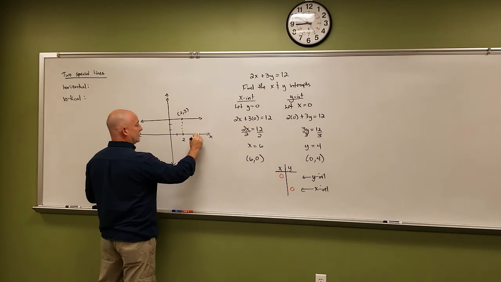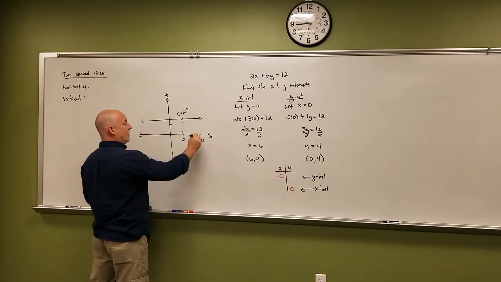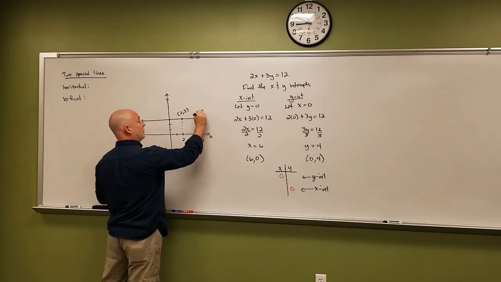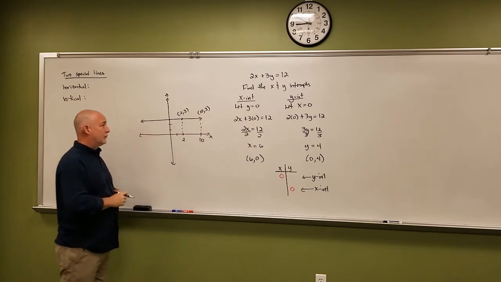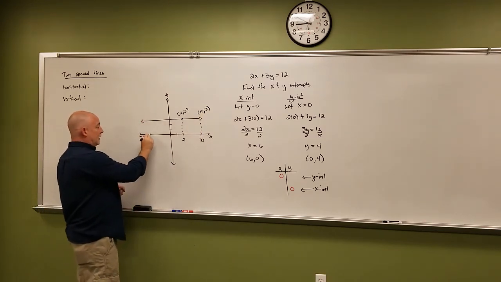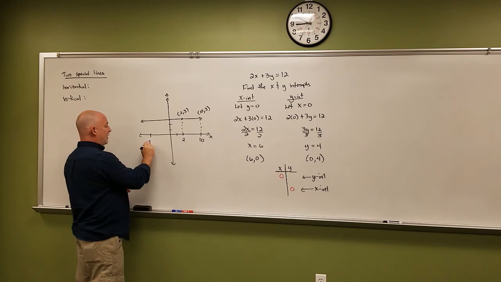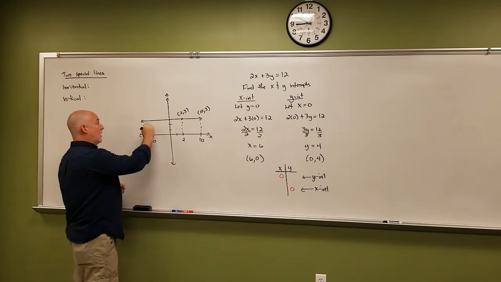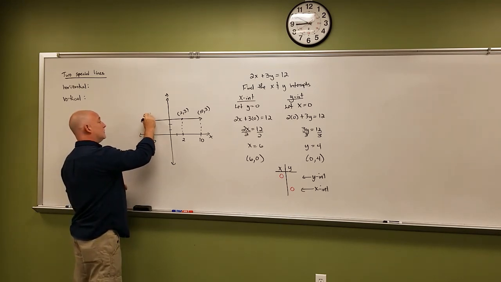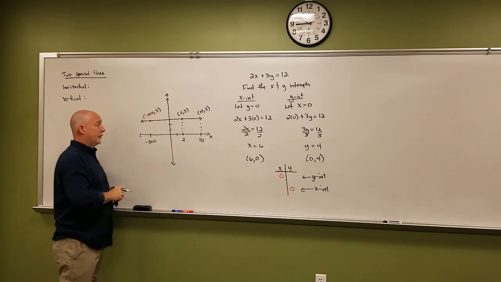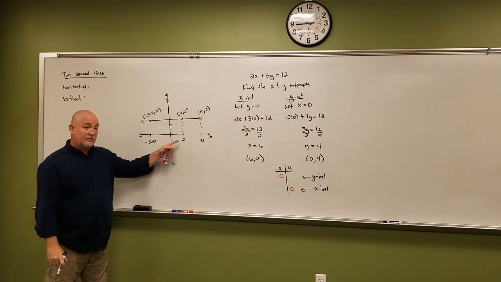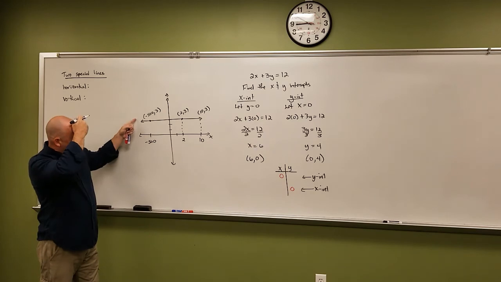What if I came over here to an x value of 10? What would the y value be? Well, that would be also 3. What if I came over here and said negative 500? Well, the y value over here would be 3, right? See, notice it doesn't matter what x value we're at to figure out what the y value is.